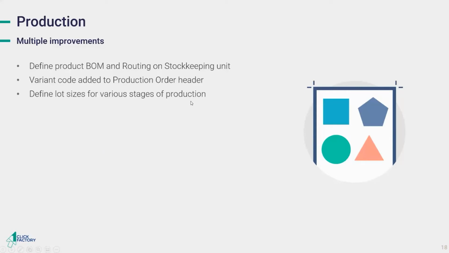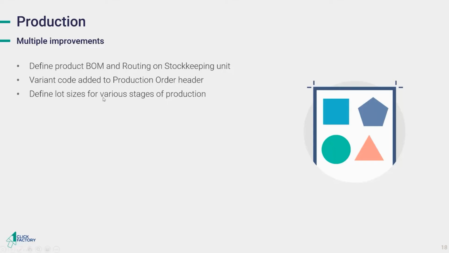We can use variant code in the production order header, and if we're planning our production from sales orders and selling some specific variants, they also go to our productions, and we are basically producing, let's say, variants, because in some situations it's really useful.